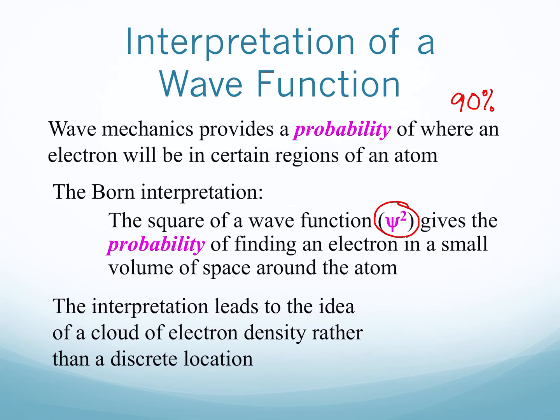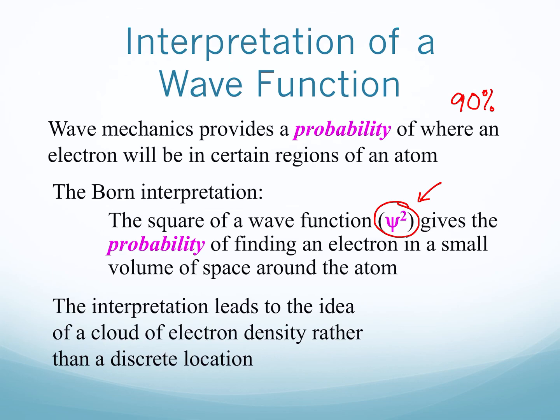Again, we're not going to get into the calculations, because once you get into this mess, you need to have already finished Calc 3 to be able to solve these integrals. So we're not going to mess with that. But I do want you to know that when you see that symbol, that means the probability of finding an electron in a small volume of space around the atom.